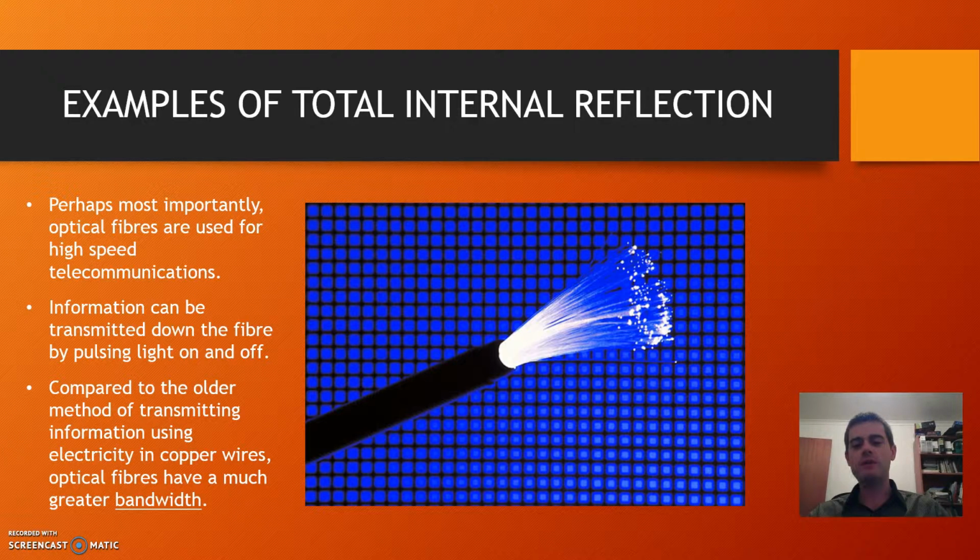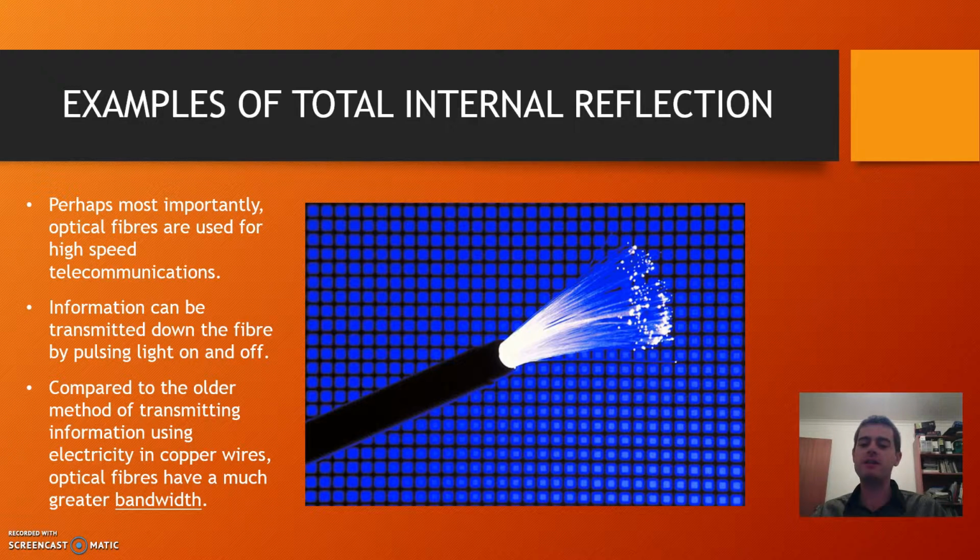Now, the reason we use optical fibers for telecommunication is not so much that signals travel faster down them than they do with regular copper cables and electricity. It's that light rays can have a higher bandwidth than electrical signals down a copper wire can.